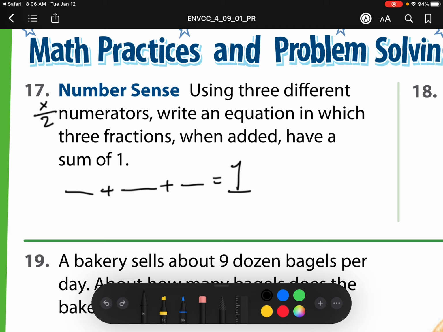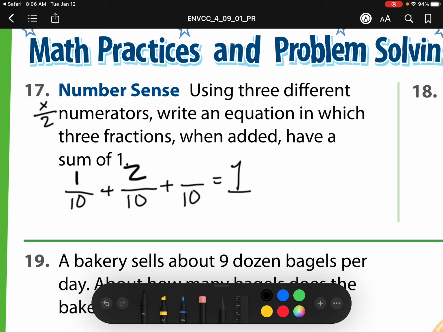I know. Let's just do 1, 2, 3, because we have 3 different numerators. But now I need to figure out how that would equal 1. So let's try something else. Let's just pick 10, because 10's always a nice, easy number to work with. And now we need 3 different numerators. Let's do 1, 2.